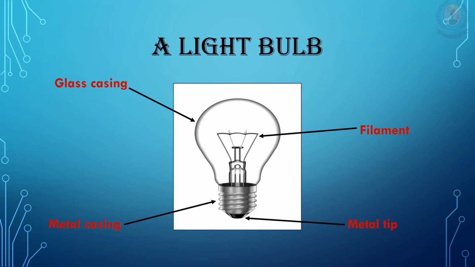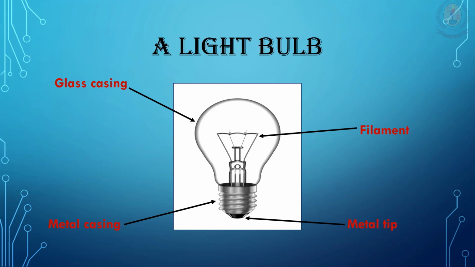The filament is made from a metal called tungsten. It has a very high melting point and it will not melt easily. So, we can use tungsten to make the filament.